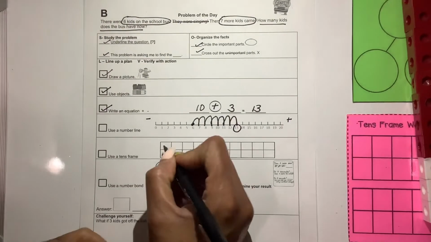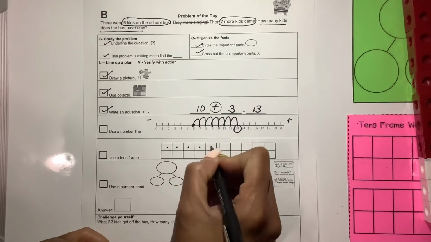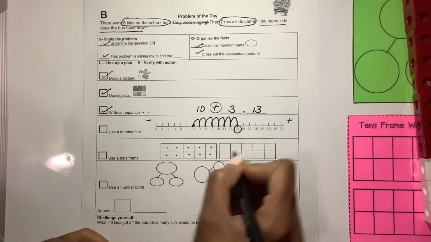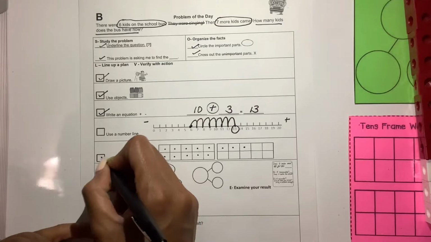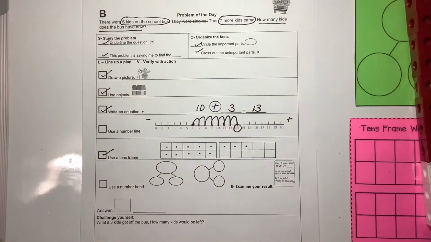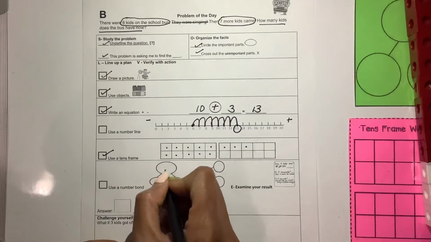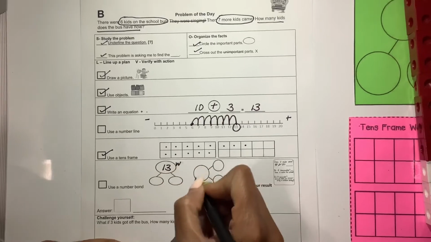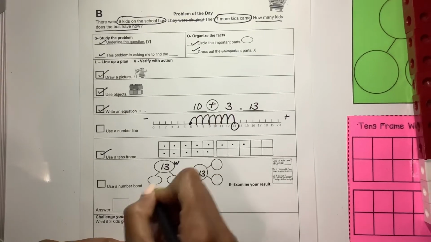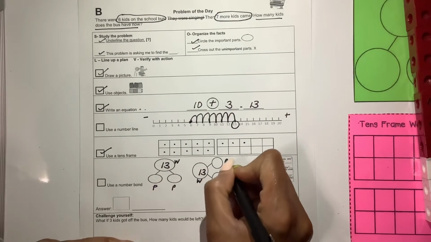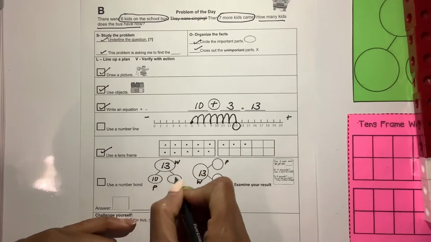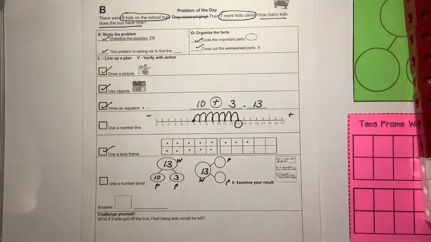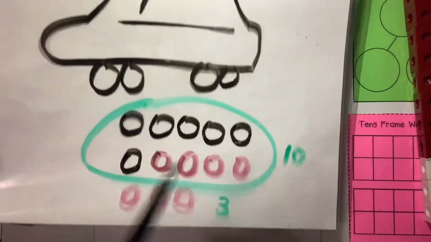13. Now I'm going to transfer what I already know from my picture, 10 and 3. So, boys and girls, you can have 13. Remember, 13 is your whole. These are your parts. You can have your 10 and a 3 to show that you circled a group of 10 and had 3 extra ones.